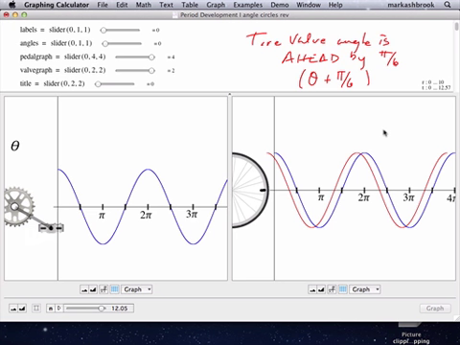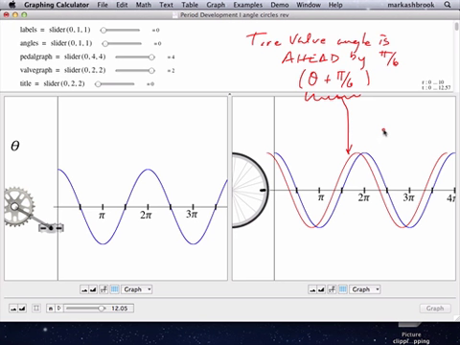It shifts to the left, and so what I'm trying to do is make sense of this plus pi over 6. So how does plus pi over 6 make sense with that graph? That's what we're getting at. Because it starts before. It's ahead. Its angle is ahead of the other one, so it starts before.